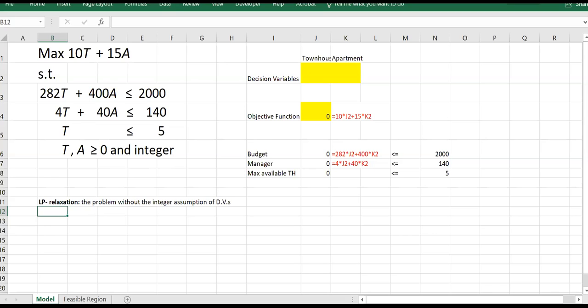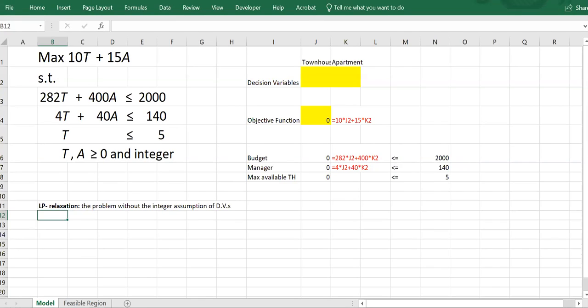So if we want to go ahead and solve this, we go to the Solver, data tab, Excel Solver.